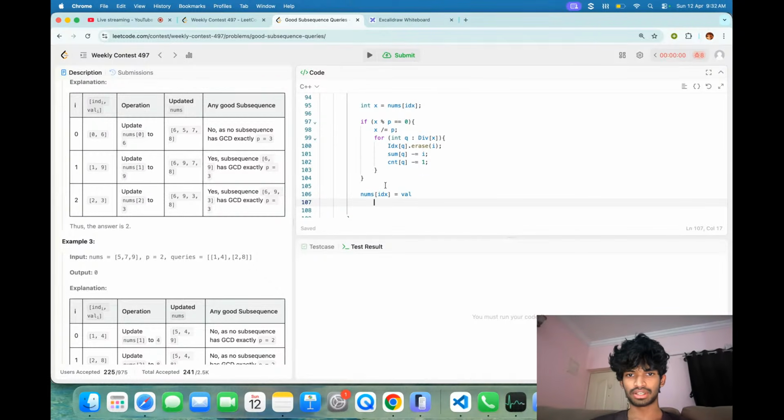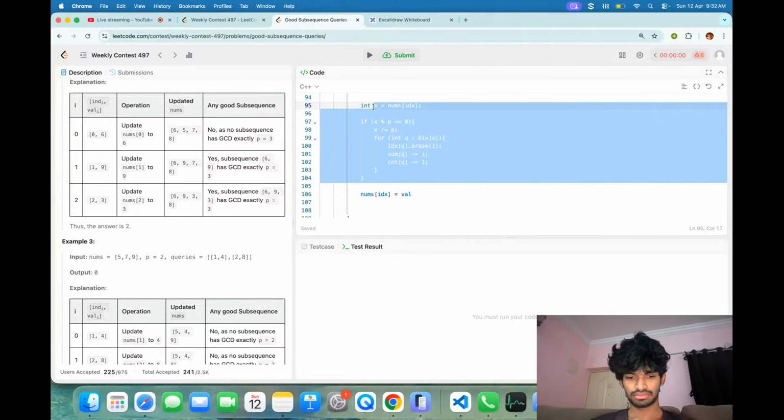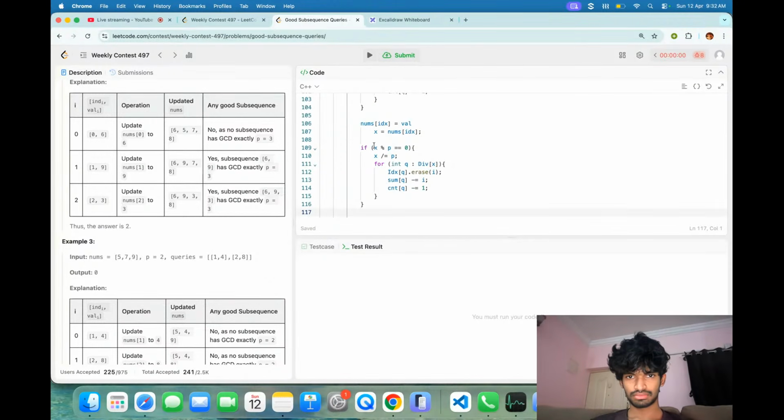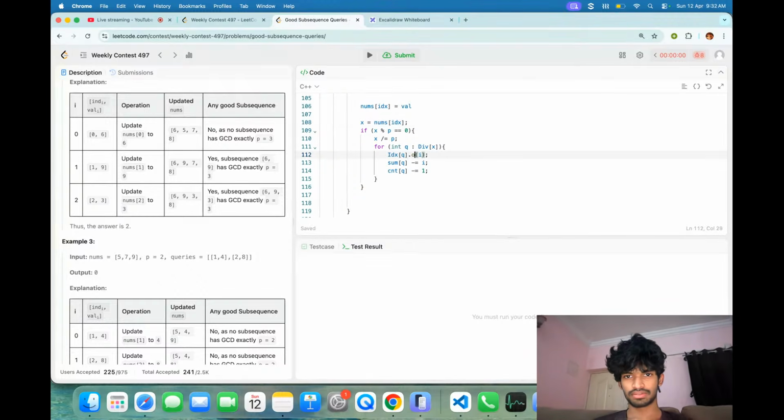And then you have to do the same thing again and insert this again. So in this way, you're able to maintain all of them for all of the p's and q's, right?